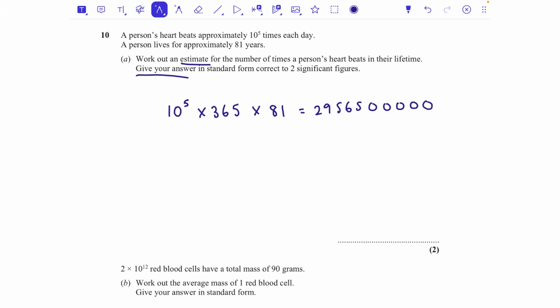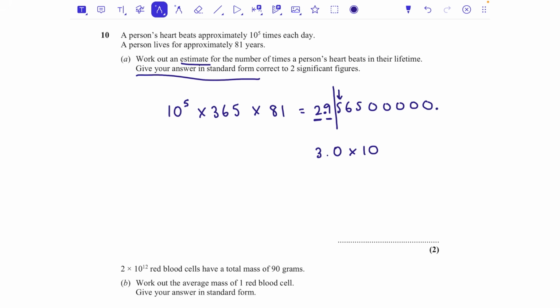Now it says give your answer in standard form, correct to 2 significant figures. So we've got 5 digits here, but we only want 2 significant figures. That's your first significant figure, that's your second significant figure. Chop there, check the next number, and 5 rounds up. So this is actually going to round to, we'd want to make the 9 10, but we can't, so it's going to be 3.0 times 10 to the power of, and how many times would we need to times it by 10 to get the decimal point from there to there?